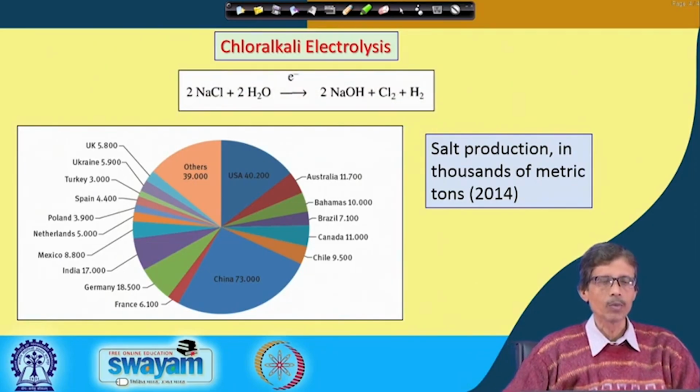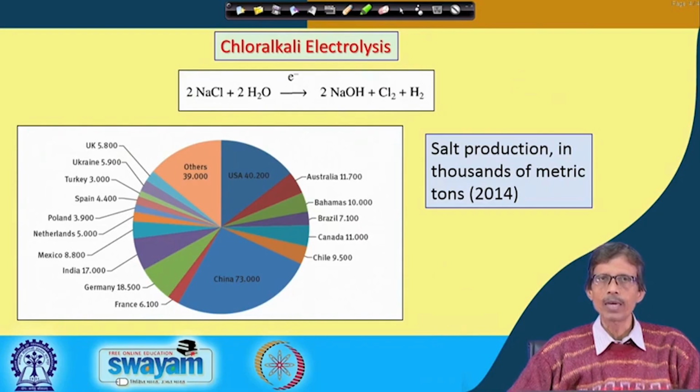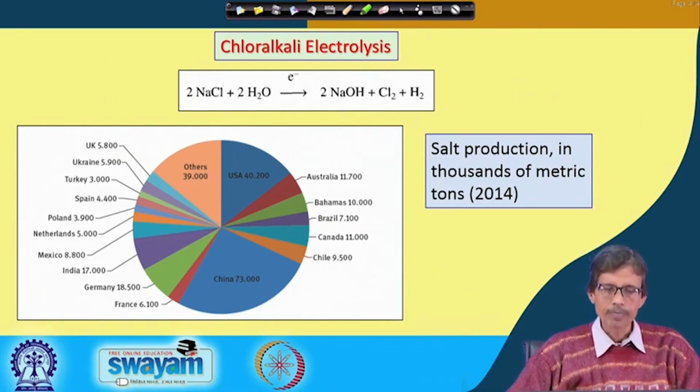We have seen last time that during this electrolysis we get sodium hydroxide, we get chlorine, as well as hydrogen. So it is a very important starting material from an industrial point of view, because we have a huge reserve of sodium chloride from the ocean and from the surface of the earth, which can be converted immediately to value added material, sodium hydroxide and chlorine.